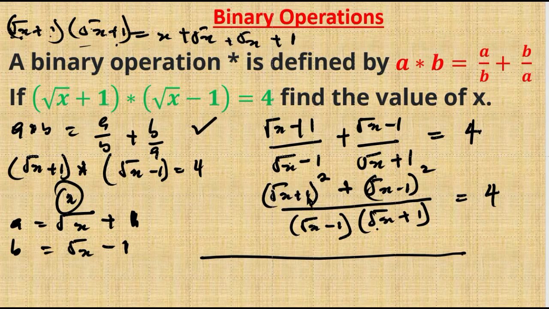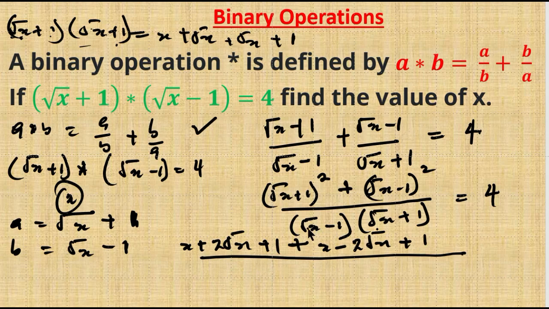So the root of x plus 1 all squared will expand into x plus 2 root x plus 1 plus, now root of x minus 1 all squared will expand also into x minus 2 root x plus 1. You can try that expansion on your own.